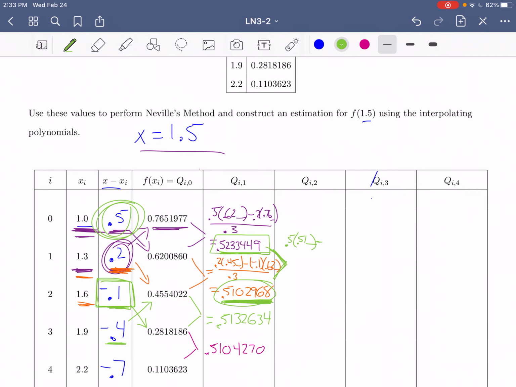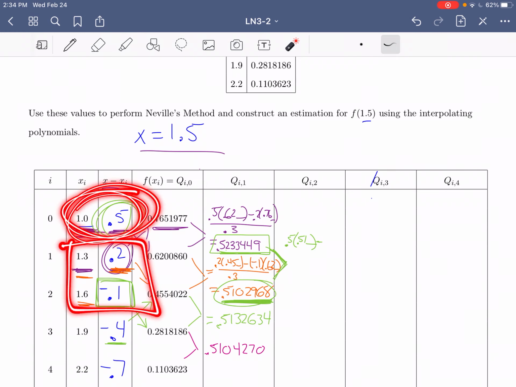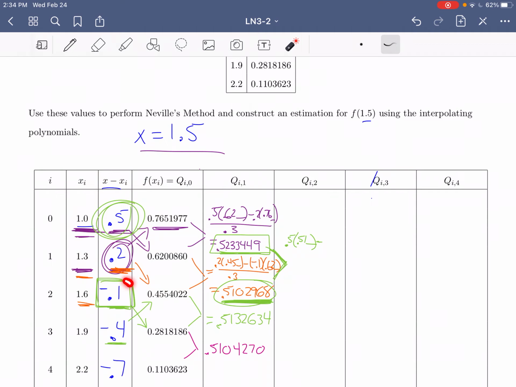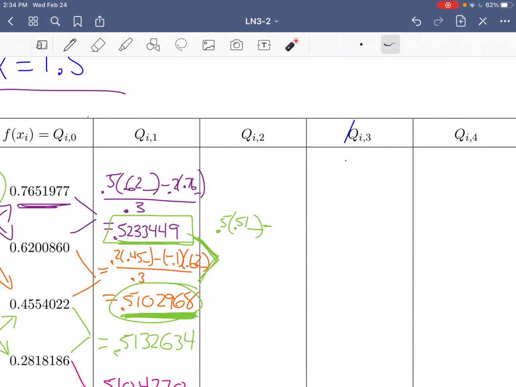So when this estimate right here was constructed, it used these nodes to construct this estimate. It did not use this node. And when this estimate was constructed, it used these two nodes. It did not use that node. And so we're going to multiply that next one by negative 0.1 times that 0.52 business.